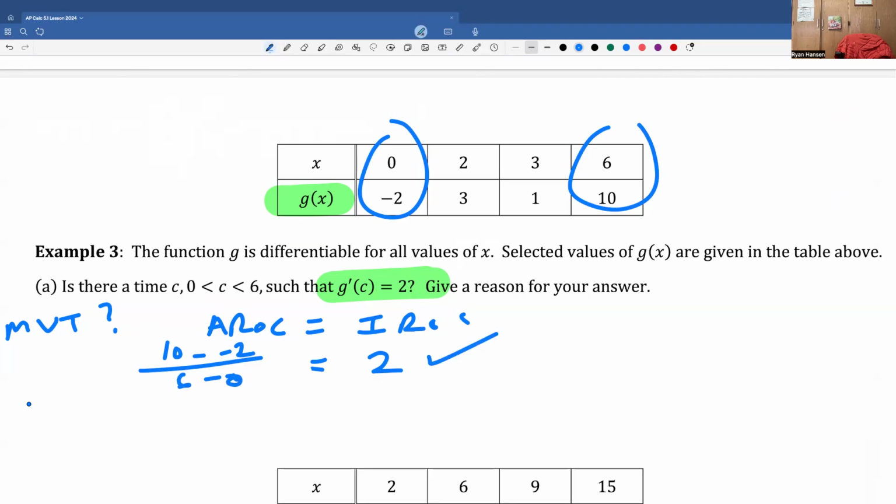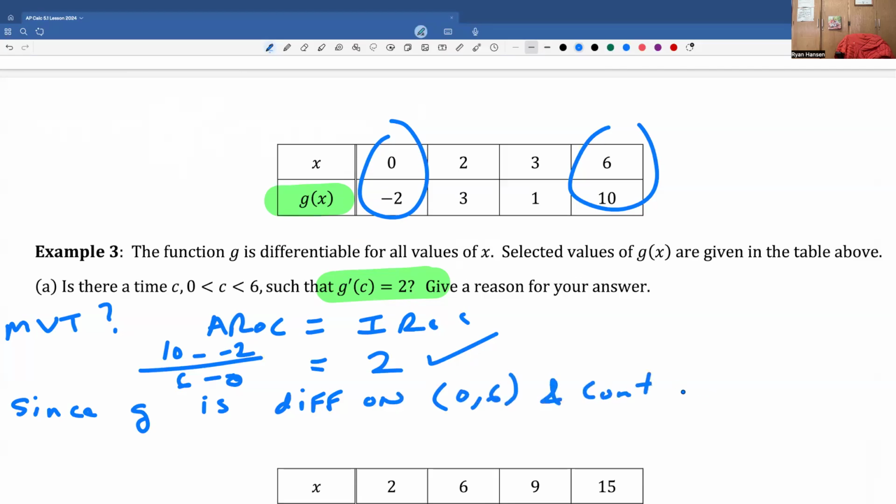So we can say since G is differentiable on 0 to 6 and continuous on brackets 0 to 6, right?